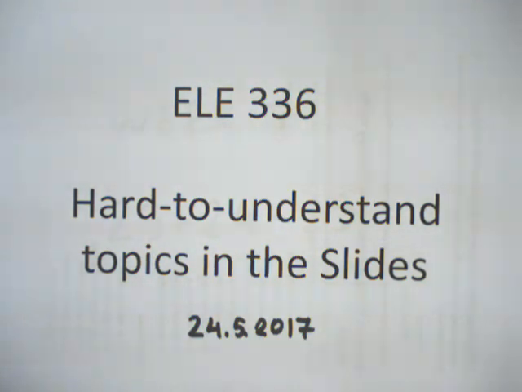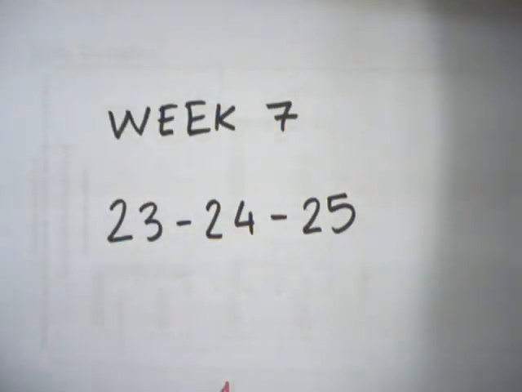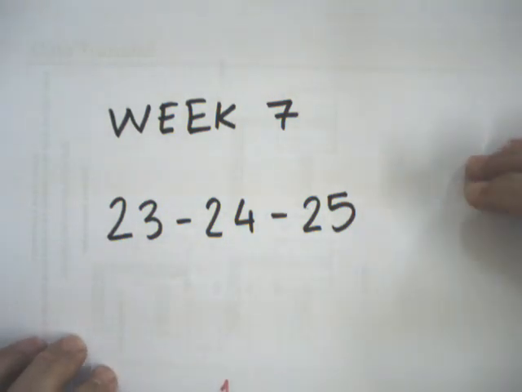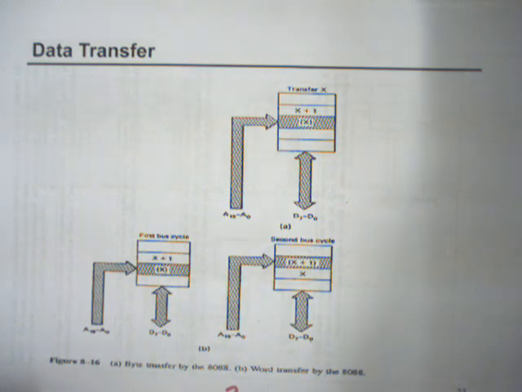So this movie is to help the people who have some difficulty in comprehending the slides. For example, in week number 7, slides 23, 24, 25, the figures are without explanation. So it's a little bit hard to understand, so let's analyze them.